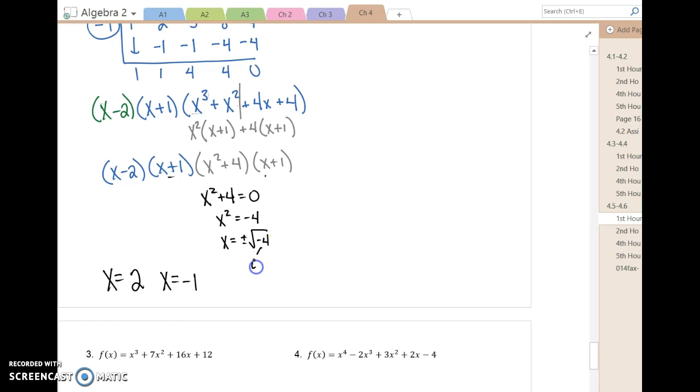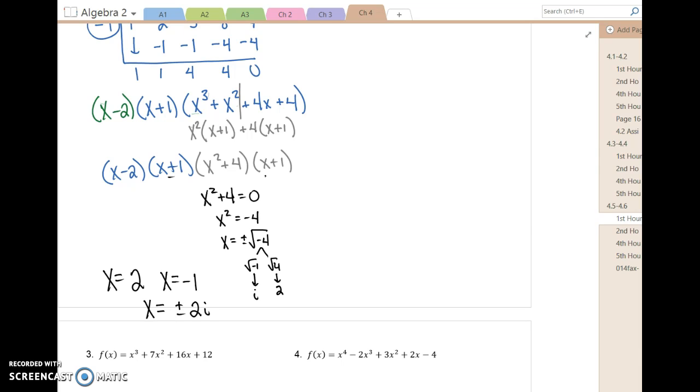So this splits into the square root of negative 1, which is i, times the square root of 4. The square root of 4 is 2. The square root of negative 1 is i. So one of our solutions is positive or negative 2i. And that's actually 2 solutions.